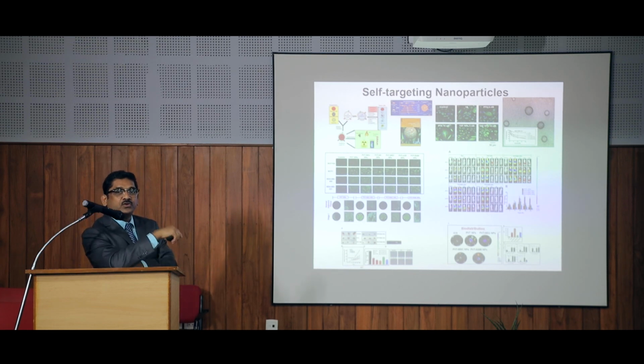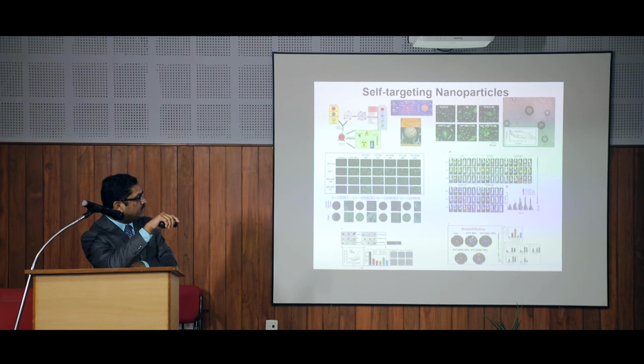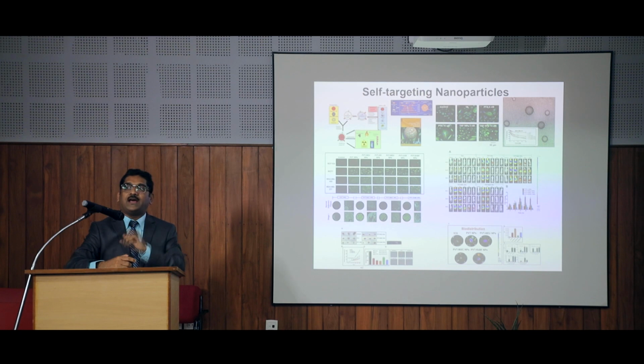So we coated with those cell membranes and then saw how much better we can target tumors in mice. Finally, we ended up with more targeted data. We identified that neutrophil-coated nanoparticles are much better than any other coated nanoparticles. Therefore we used them in the animal model for therapeutic application.